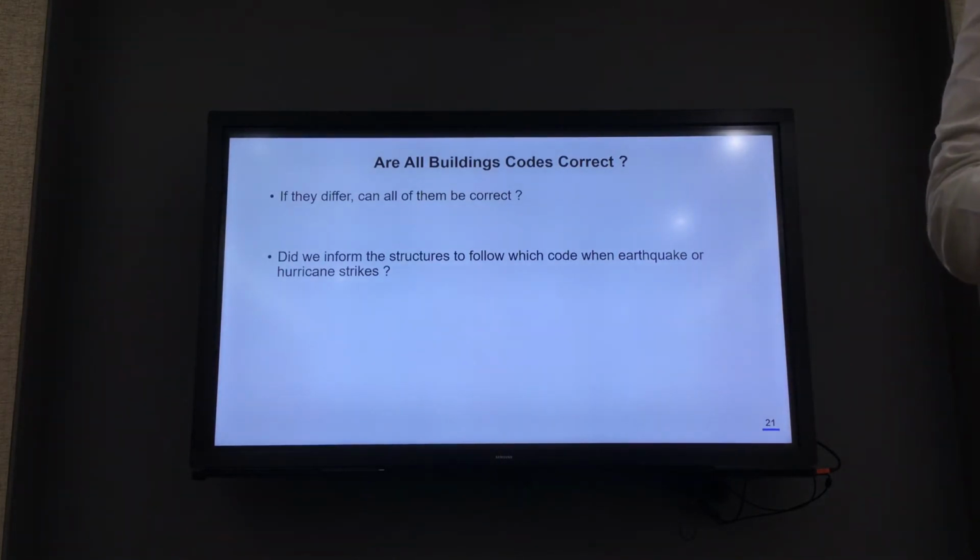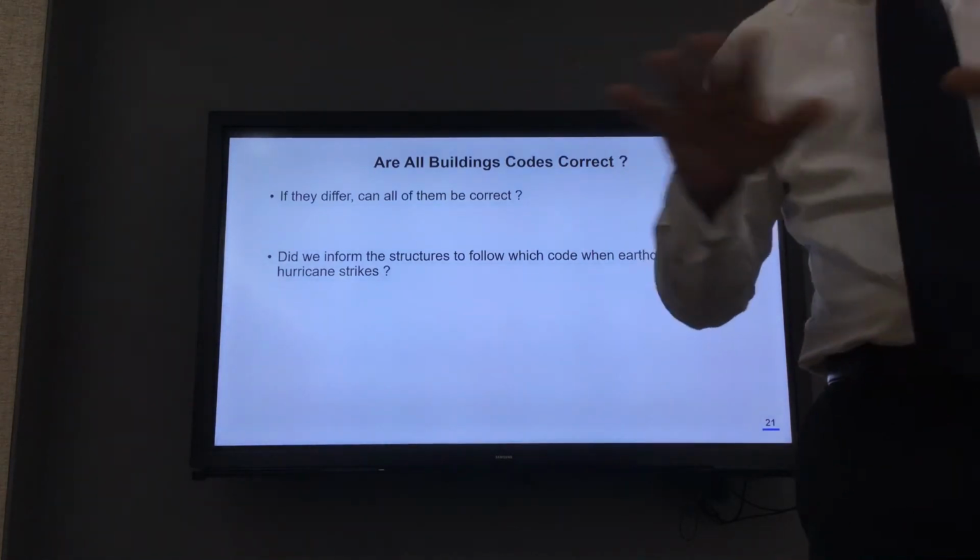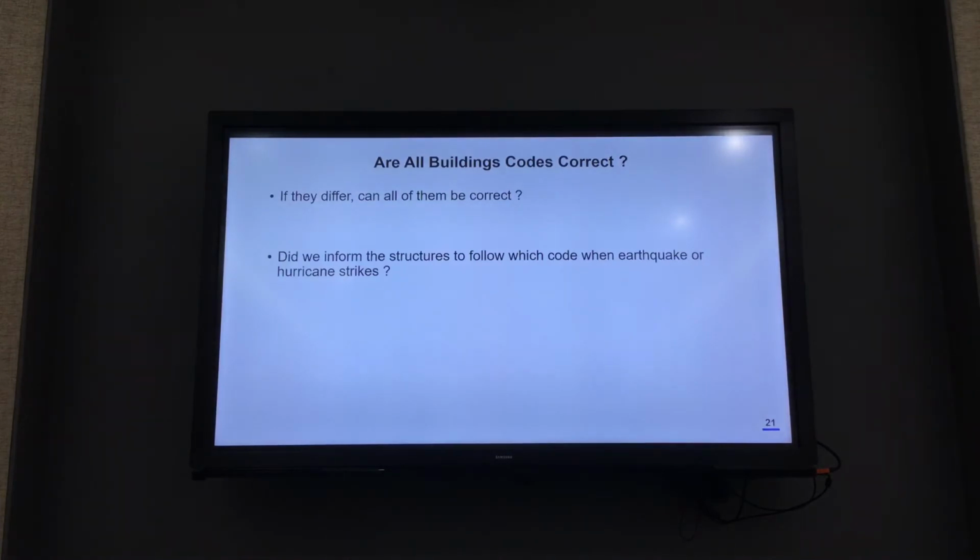An earthquake really doesn't care who designed it, what code was used, or whether you used ETABS or SAP. It just cares, this is a structure here, what is the column size, how many bars are there, what is the behavior. So the structure is going to respond based on what you built, not what procedures you used to arrive at that design. It actually doesn't matter, right?